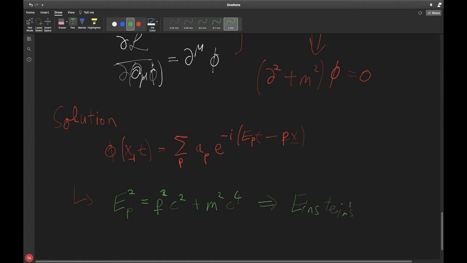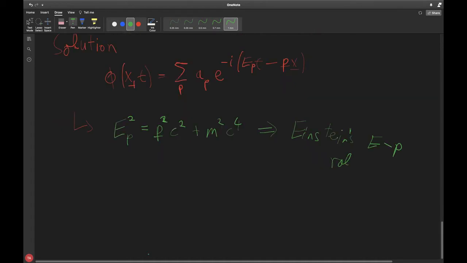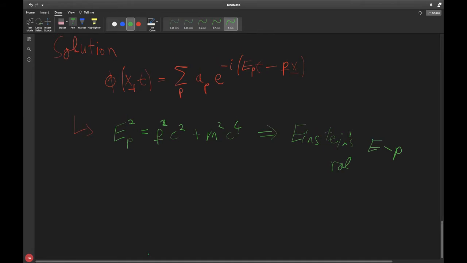This is Einstein's energy momentum relation. If we take the special case that the particle is not moving, so p is 0, then we indeed get back that m is really the mass of the particle, and that parameter was describing this thing. But this was really now the outcome of the theory which we set up, not really an input to the theory.